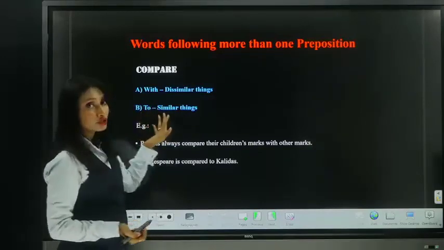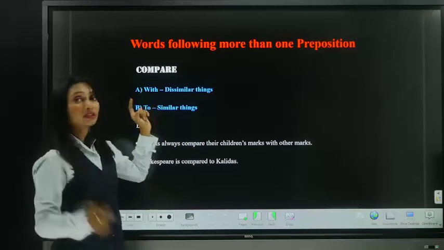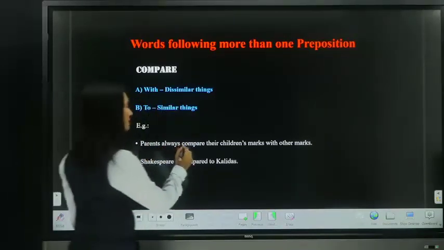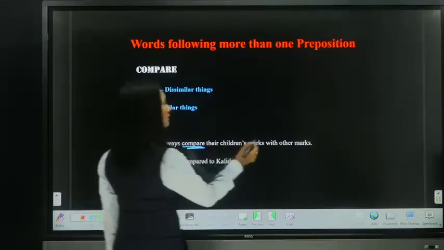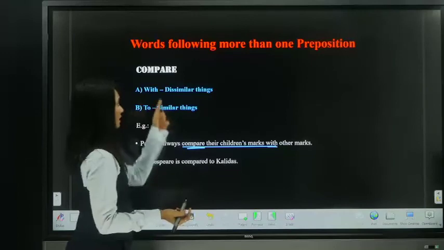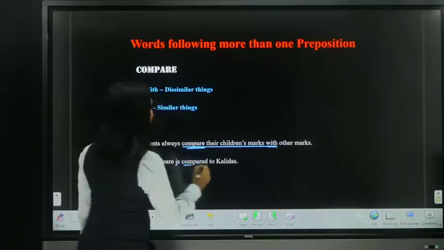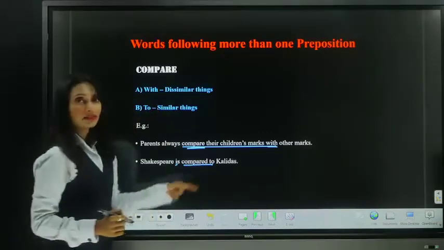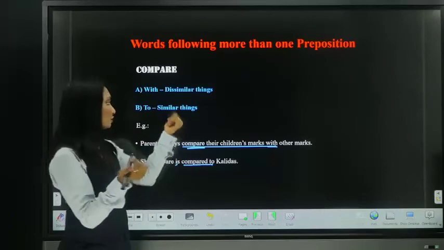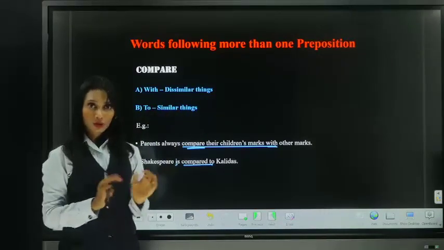For example, parents always compare the children's marks with other children's marks. So, here, dissimilarities. Shakespeare is compared to Kalidas, indicating similarity. On the same lines, compare to. On different lines, compare with. I hope it is clear.